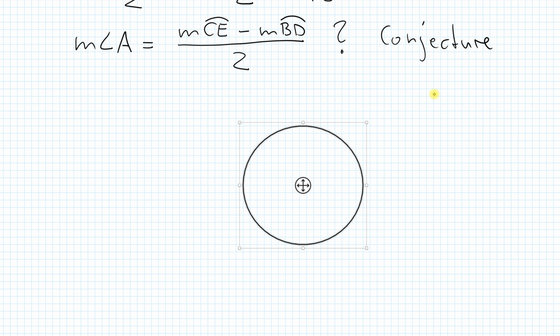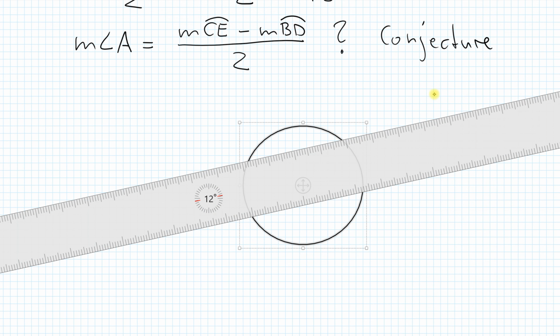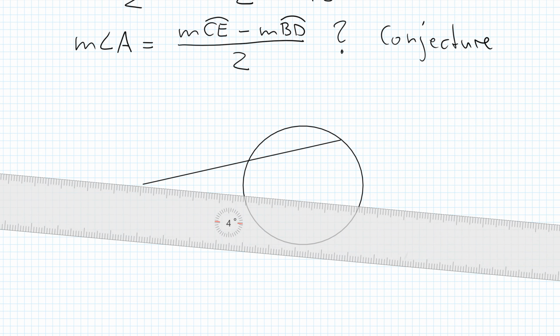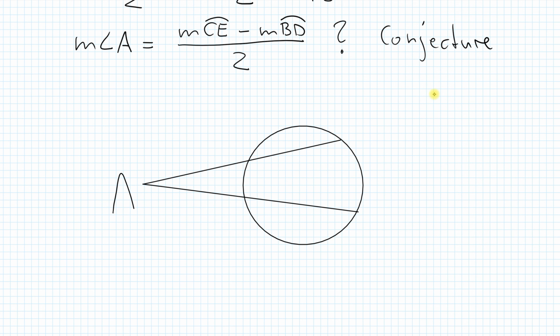So let's say we have a circle here. Let me draw the two secants. Here's the secant. Draw another secant here like that. And let me label the points as A, B, C, D, and E.